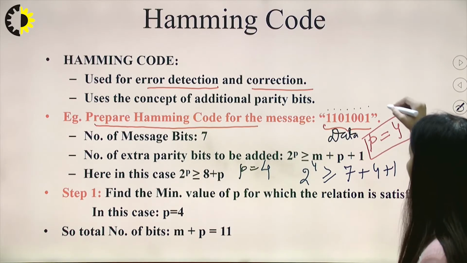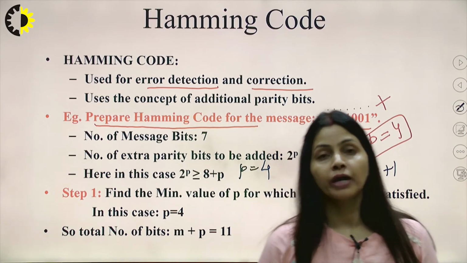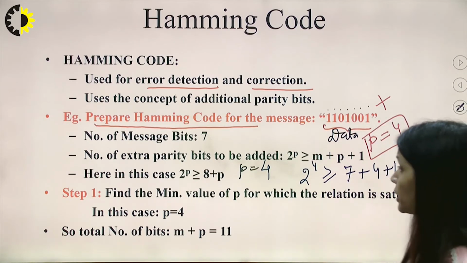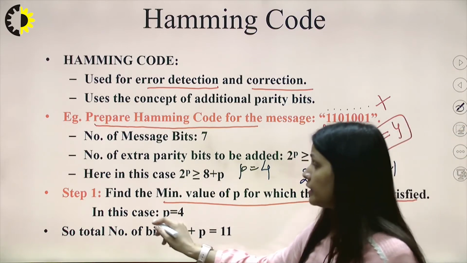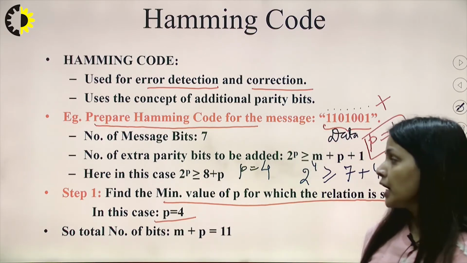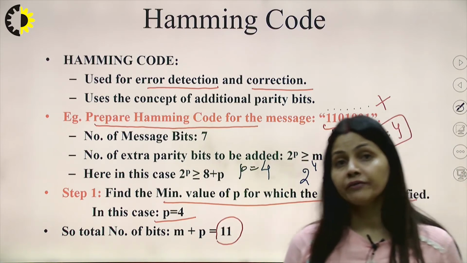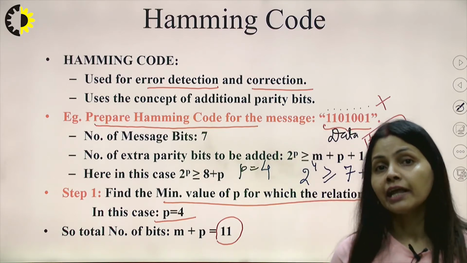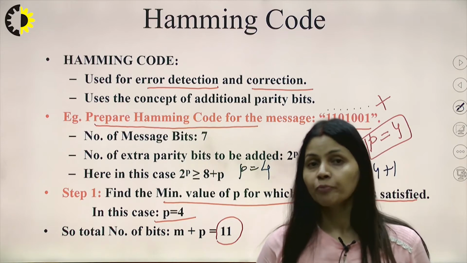That means now I will add 4 parity bits to my original data sequence. So the minimum value of p for which the relation is satisfied is p equal to 4, and the total number of bits which is now going to be transmitted by the transmitter is 11. 7 plus 4 is 11: 7 message bits, 4 parity bits.